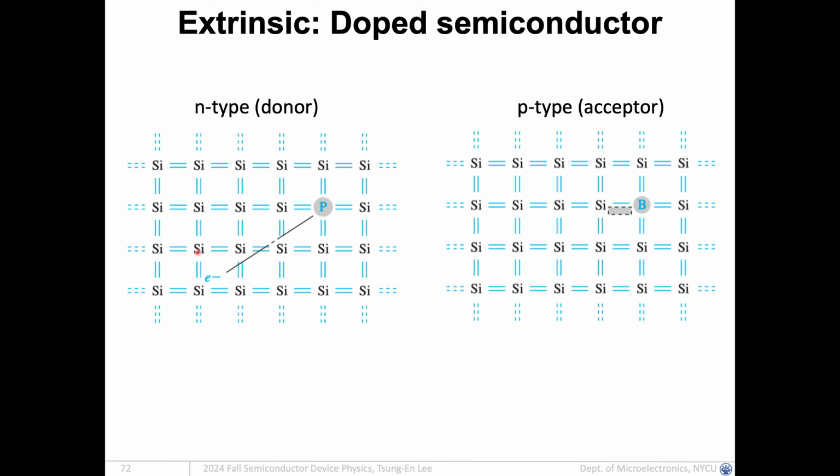But this fifth electron will start to move in a circular motion, and this motion has a centripetal force formed by the Coulomb force.